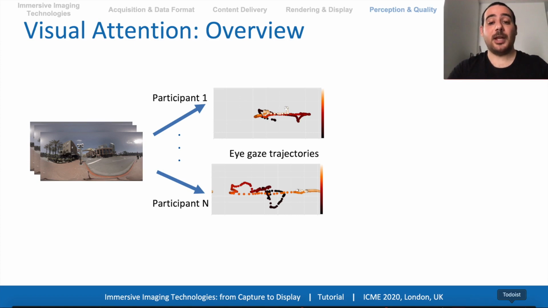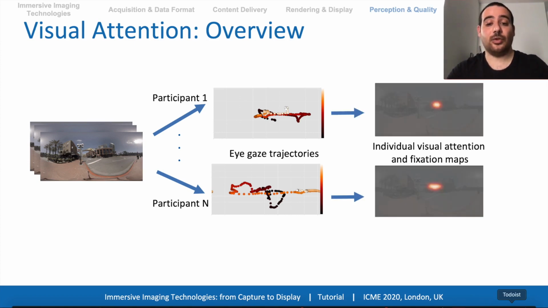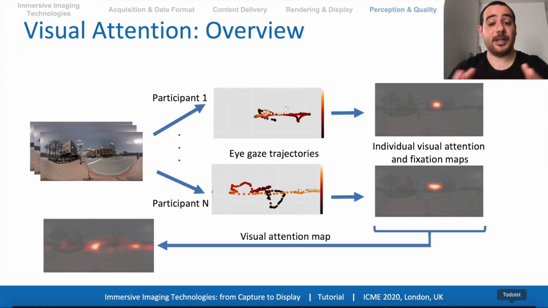That map is then convolved with a 2D Gaussian kernel to obtain a visual attention map. These can be seen on the slide as individual attention maps. As a final step, individual fixation maps are merged together and convolved with a 2D Gaussian to obtain the visual attention map.